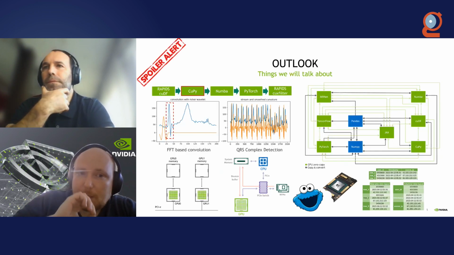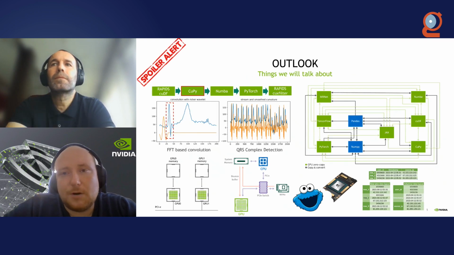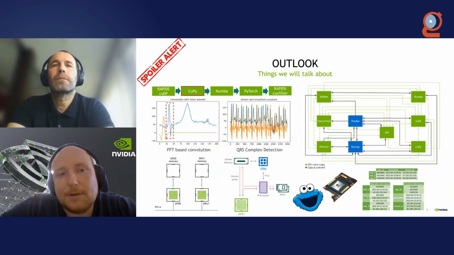Before we go on, let me give you a brief outlook of this talk. First of all, on the upper left, you see a pipeline starting with Rapids cuDF, then using CuPy, Numba, PyTorch, and Rapids. This is the already mentioned healthcare pipeline that will be explained in detail.